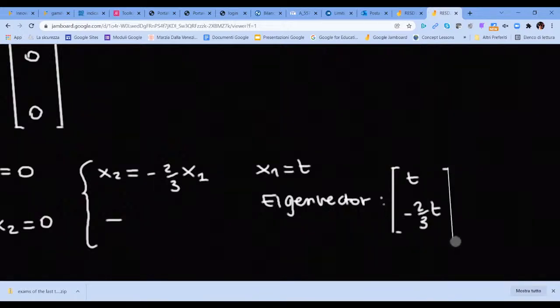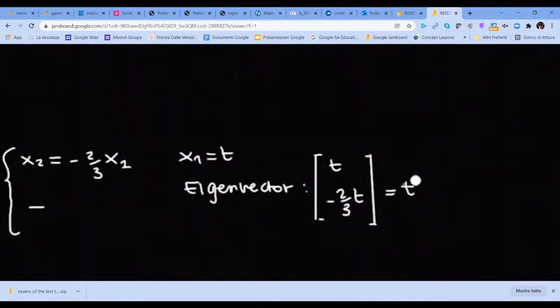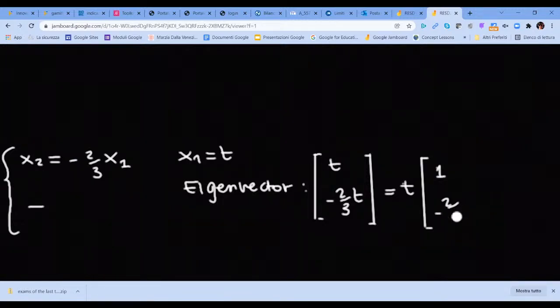And if we put outside the multiplication by the value t, where t belongs to the real numbers and is different from 0 because the eigenvector shouldn't be 0, it is t times 1 and minus 2/3. Now we have a vector space. This is all the multiples of this vector, and the vector is 1, minus 2/3.